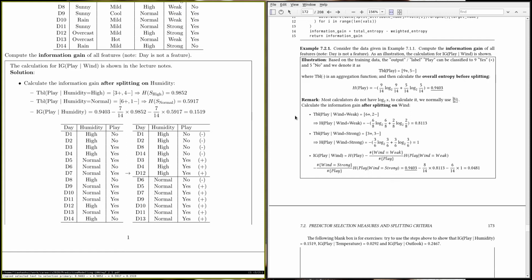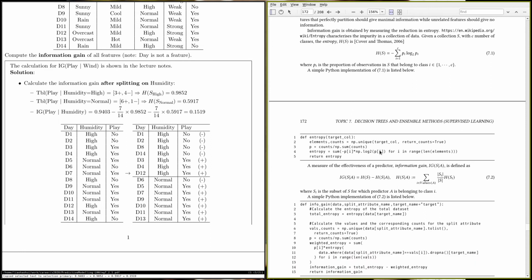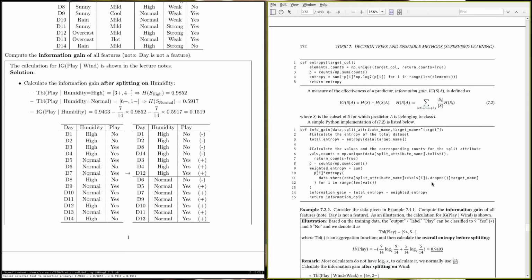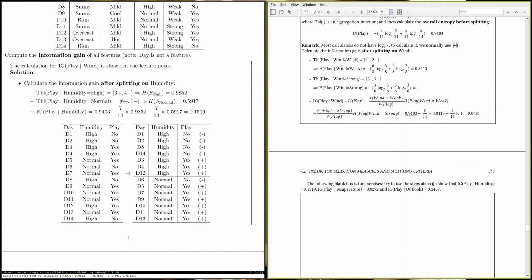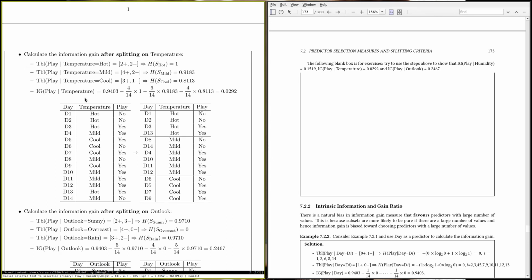For this formula, you can think of it as something like taking the expected value, which you have seen in your plot instead. So this is how we calculate the information gain for play, splitting based on humidity. Of course, you want to take a look at the others as well, right?